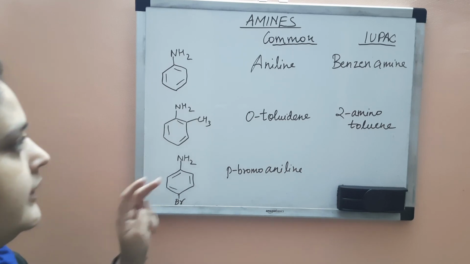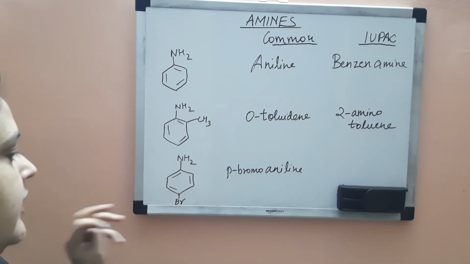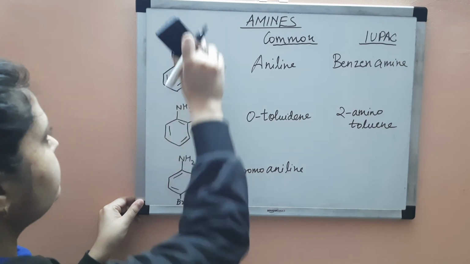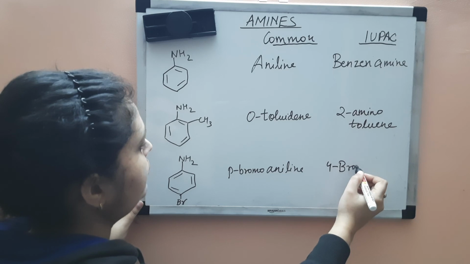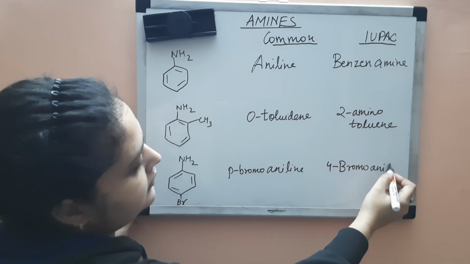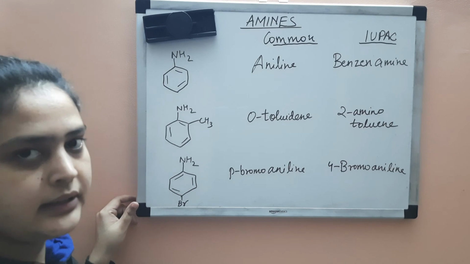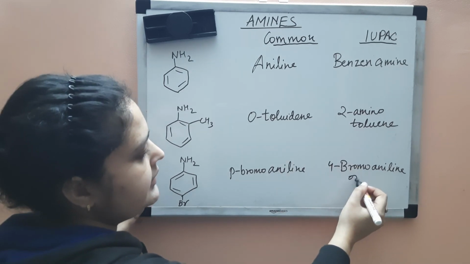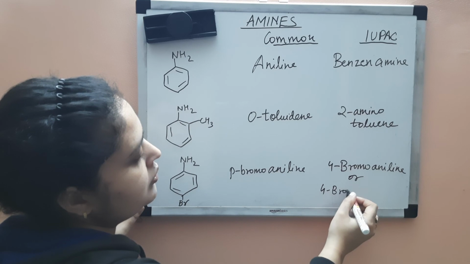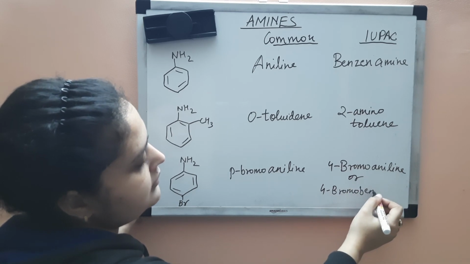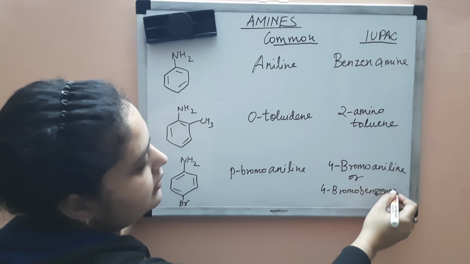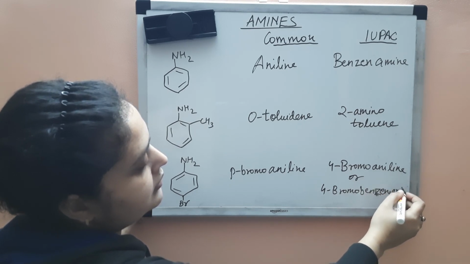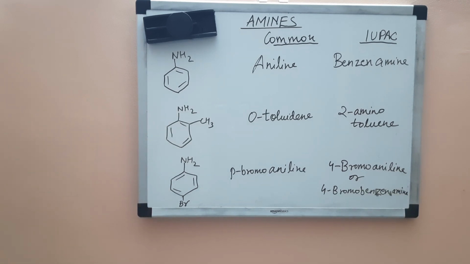And in the IUPAC nomenclature, it can be named 4-bromo aniline, because aniline is also accepted in IUPAC, or it can be named 4-bromo benzene amine. So this is about the nomenclature of amines.